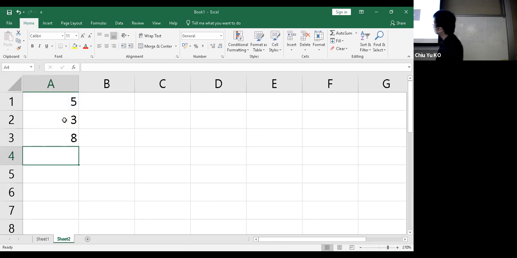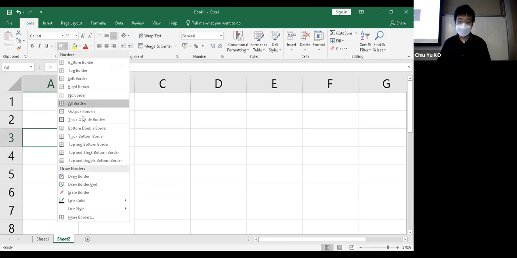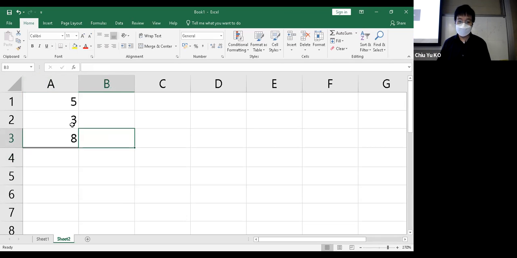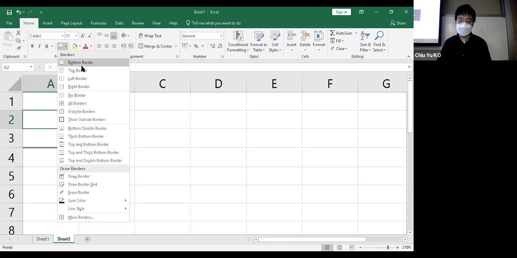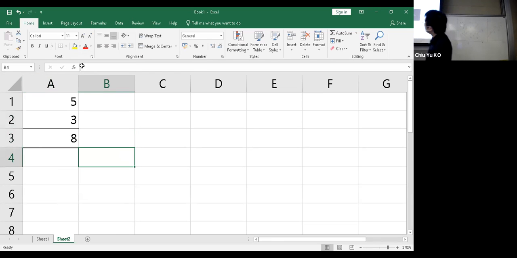If you want to make it nicer, you can decorate a little bit, say a double border here and an underline here. That's usually how you keep your data and calculation separate.